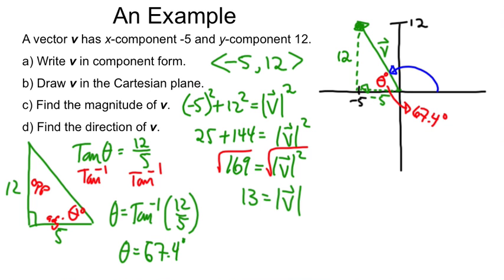And if we subtract that from 180, what we will get is that the actual direction that our vector is heading in is, I believe if I do this in my head, 112.6 degrees. So that would be the actual direction that our vector is heading. Again, that would be using 0 degrees as a reference, 90 degrees, etc. That means that this place right here is 112.6 degrees from the positive x-axis. So with that in mind, go ahead and try the example problems that follow.